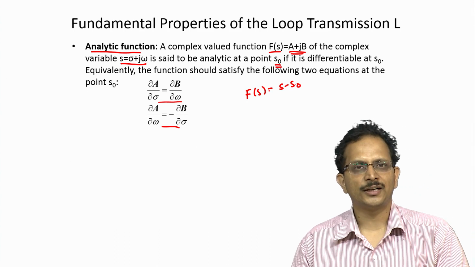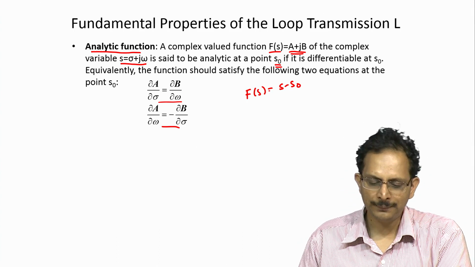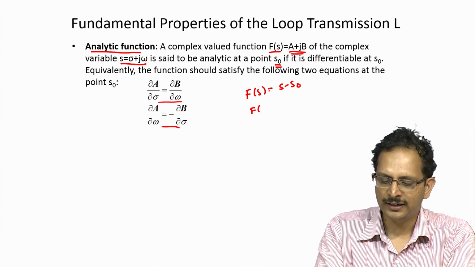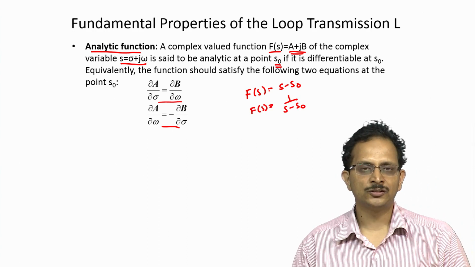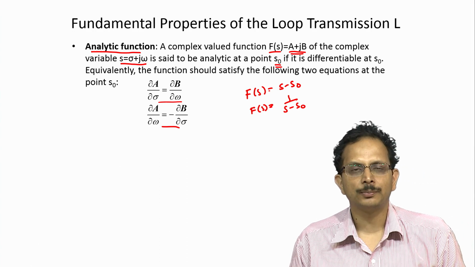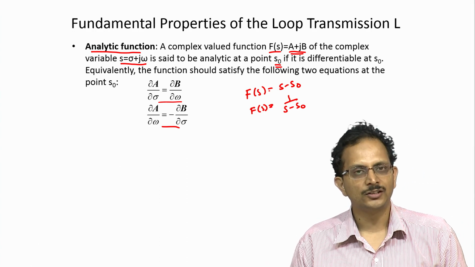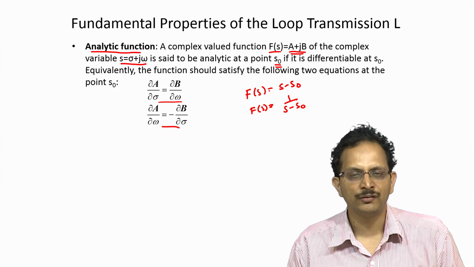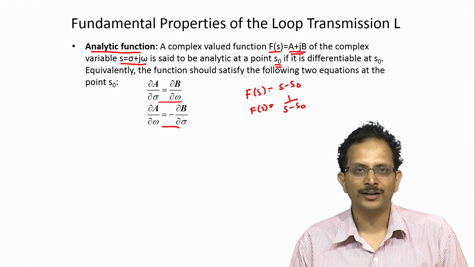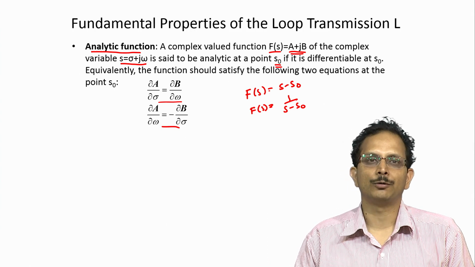Such a function is analytic everywhere in the complex plane, whereas a function of the kind f of s is equal to 1 by s minus s naught is analytic everywhere in the complex plane except at the point s naught, simply because the function blows up at the point s naught, its value would be infinity, and therefore it cannot be differentiated at the point s is equal to s naught.